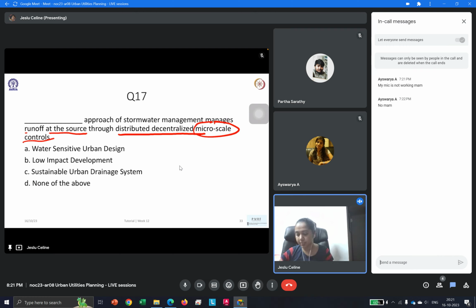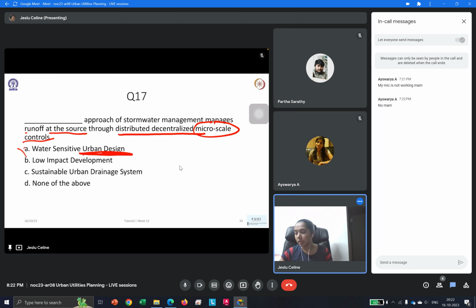Is it water sensitive urban design? That is not for micro, ma'am. It's for macro. It's an entire urban design that we are doing, and here we are not designing anything. We learned about water sensitivity in our previous modules.